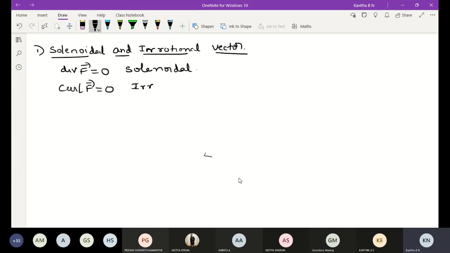Okay, curl of F vector is 0 means irrotational vector field or conservative field or potential field.